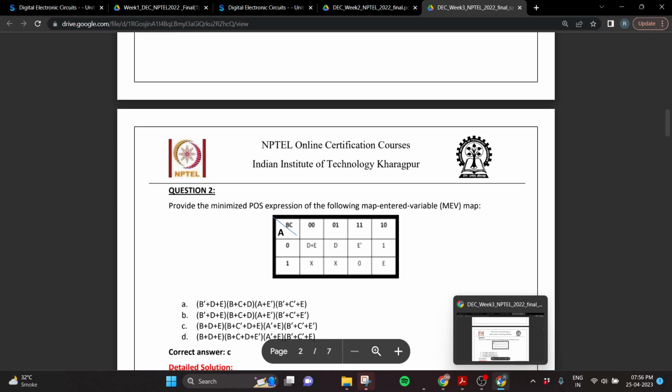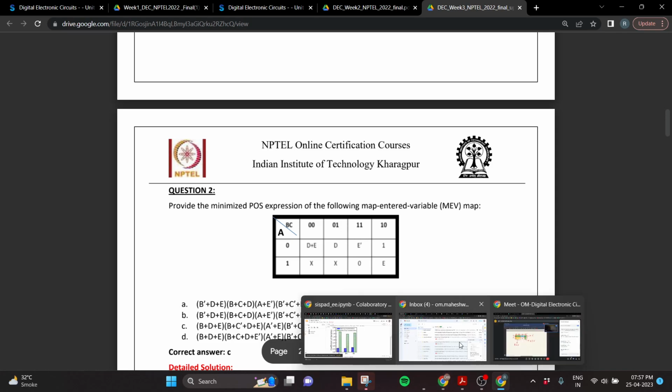And if you look at this one, it would be A bar. This one would be B C bar E. Then what are the options? Can you share the options?